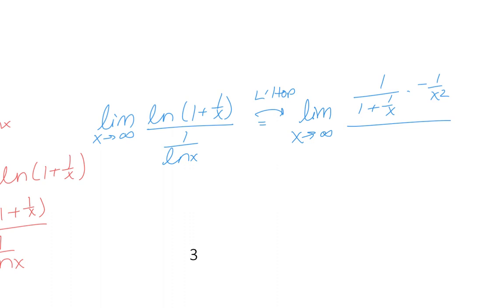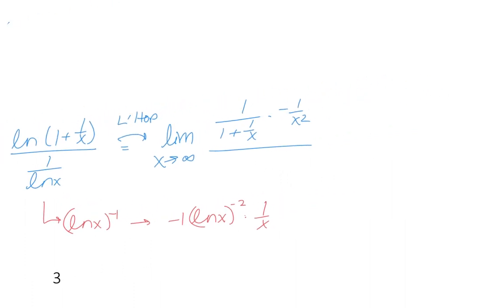My denominator, since this is the natural log of x raised to the negative 1, its derivative is going to be negative 1, the natural log of x raised to the negative 2, multiplied by 1 over x. So this is going to be negative 1 over x multiplied by the natural log of x, the quantity squared. This negative and that negative will cancel out.